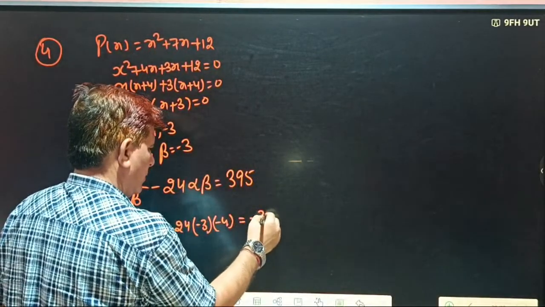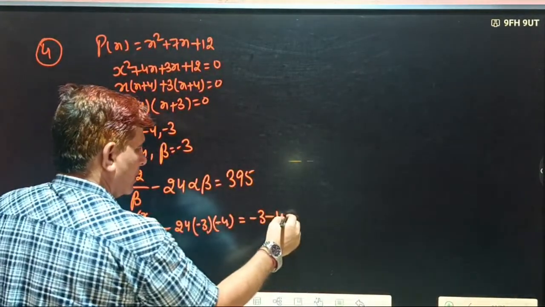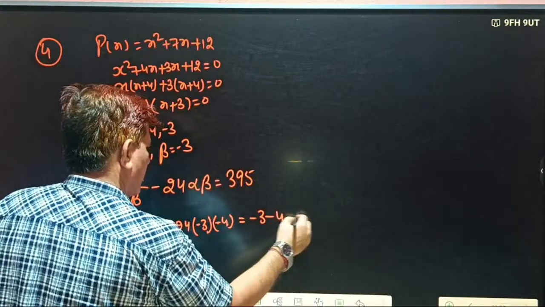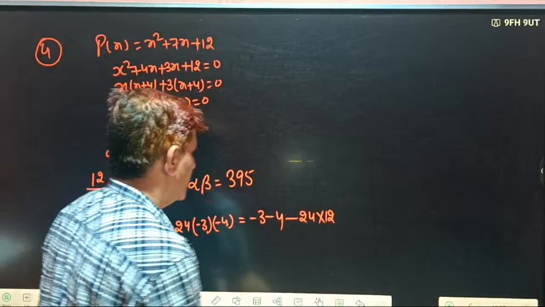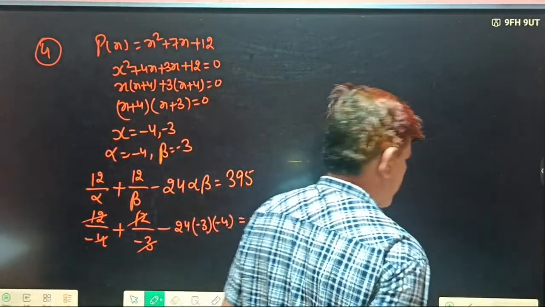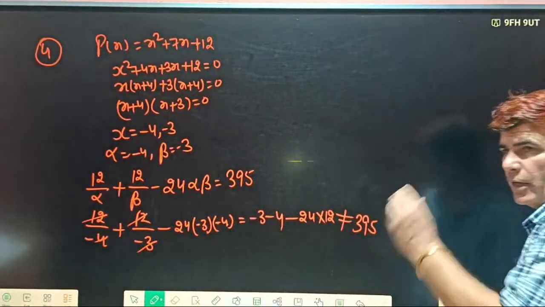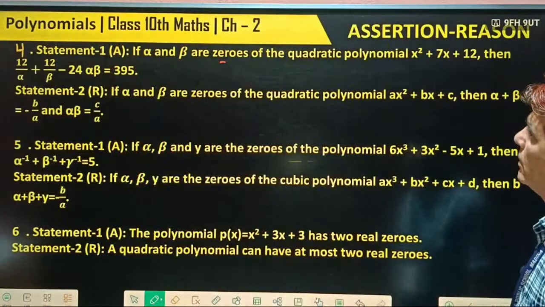Minus 3 minus 4. This cancels this. Minus minus plus, minus 24 into 12. So this is definitely not equal to 395, because all are negative. All are negative. So what we can say?